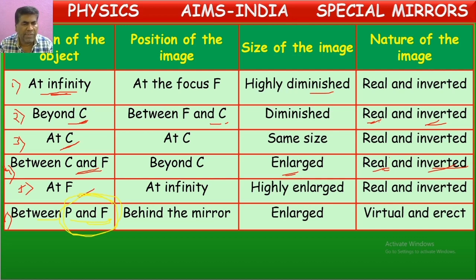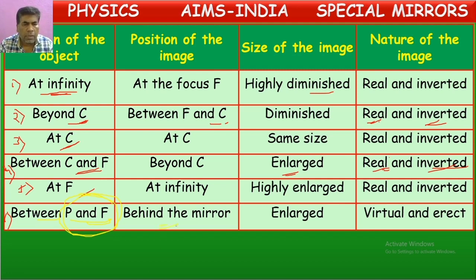Somebody might be shaving in a plain mirror, in that there will be not much difference. But for shaving, special kinds of mirrors are there. In a shaving mirror, if we keep the object closer to the mirror, whatever beard is there, it appears larger behind the mirror.